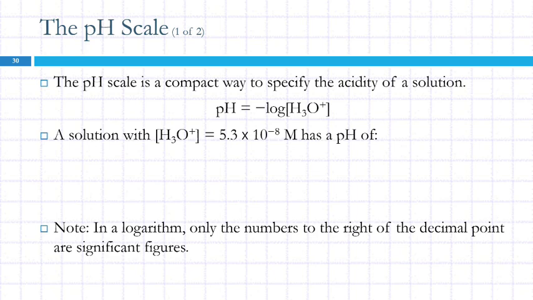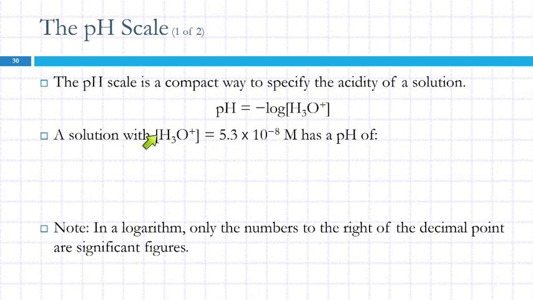So the pH scale was developed just to make this more compact, and it does that by using logarithms. So the pH is defined as the negative logarithm of H3O+. This is the base 10 log, and this is a negative sign. It is not the anti-log. So that's just a negative sign. So pH is negative log of H3O+.